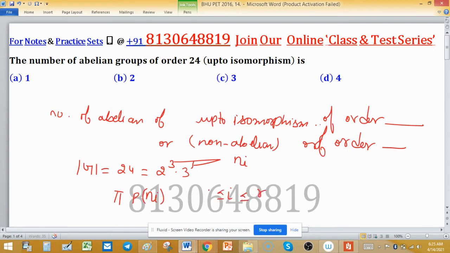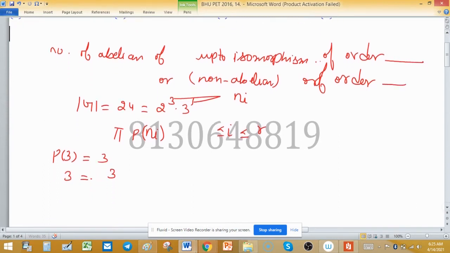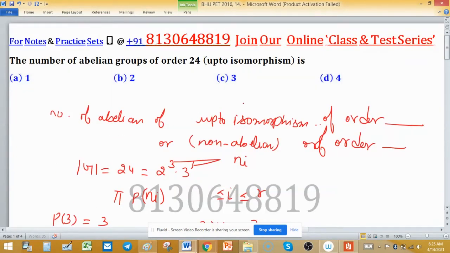Here r is 2. So the partitions of 3: 3 can be written as 3, 2 plus 1 or 1 plus 2, and the last one is 1 plus 1 plus 1. So there are 3 ways to write partitions. And the partition of 1 is 1. So 3 into 1 is 3. So option C is correct.